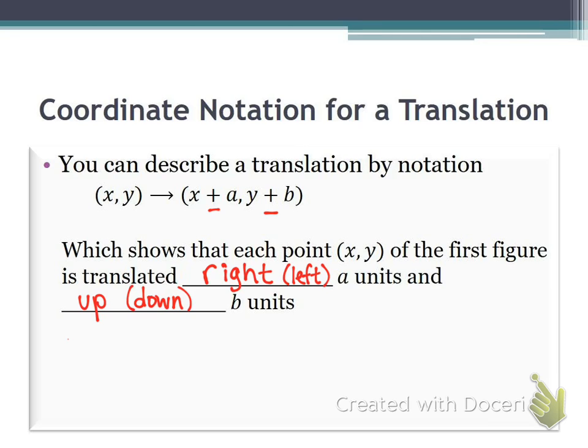Okay, so on that last one, it would have been shown x comma y, arrow, x plus 5 comma y minus 2. So we were adding 5 to the x coordinate, subtracting 2 from the y coordinate.